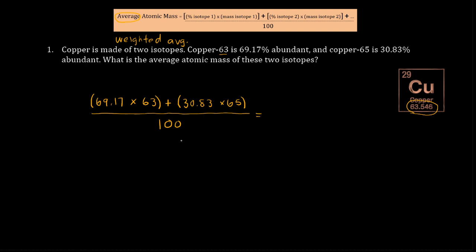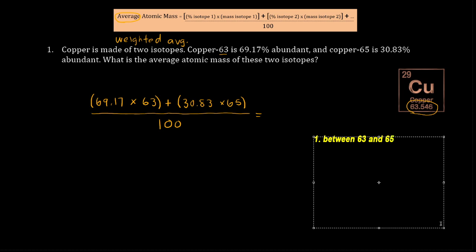And right away now we know that two things are going to happen here. Okay, we know two things are going to happen. Number one, we know it's going to be between 63 and 65. We can make this even simpler, right? We can say it's going to be between the lowest and highest masses. Okay, so that's one very simple thing that we can remember when we do these problems.